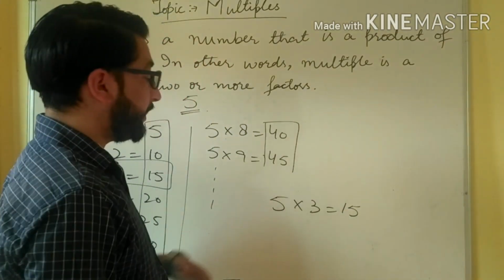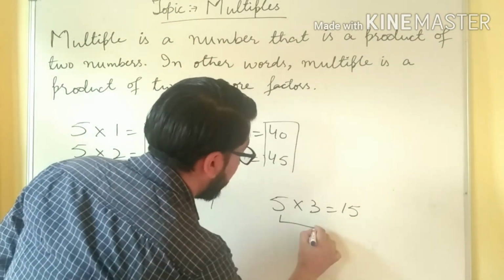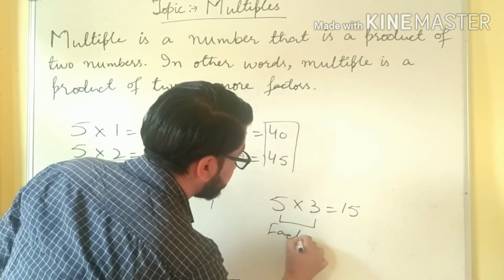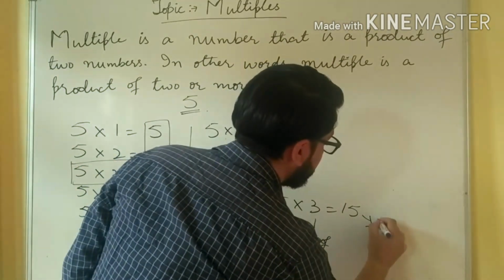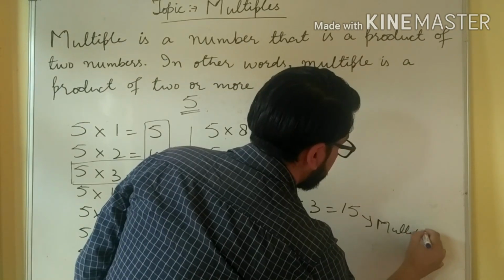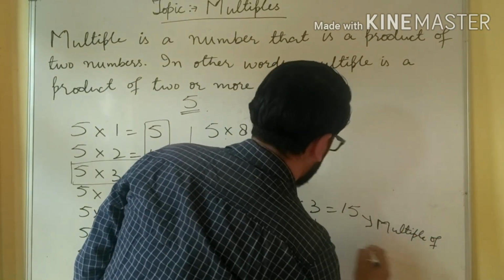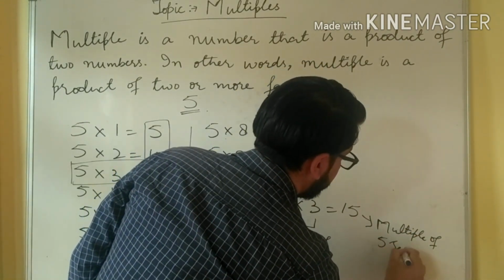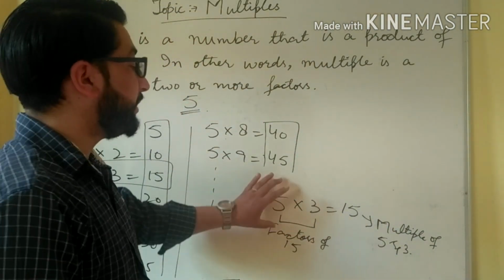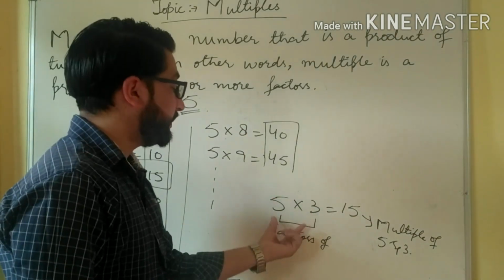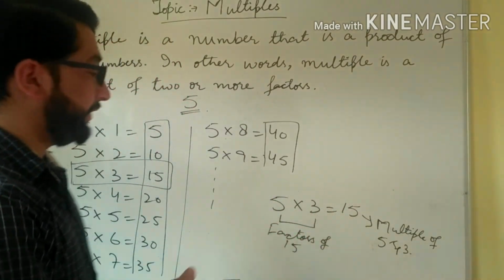So here what we learned is that 5 and 3 are factors of 15, and 15 is the multiple here. 15 is a multiple of 5 and 3. 15 is a multiple of both these numbers, and both these numbers are factors of 15.